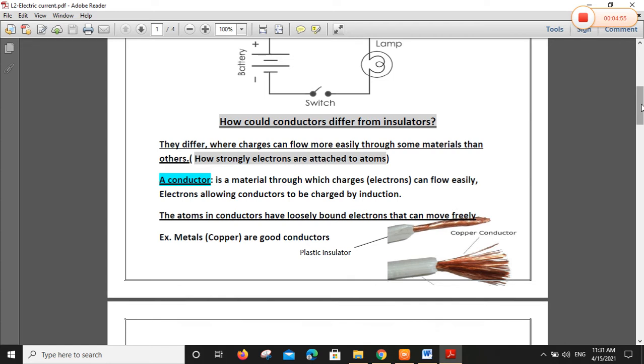So, for this reason, conductors allow electric current to flow through, because the electrons have loosely bound to the atoms. Good examples for conductors are metals, and a good example for metal is copper. Copper is a good conductor for electricity.